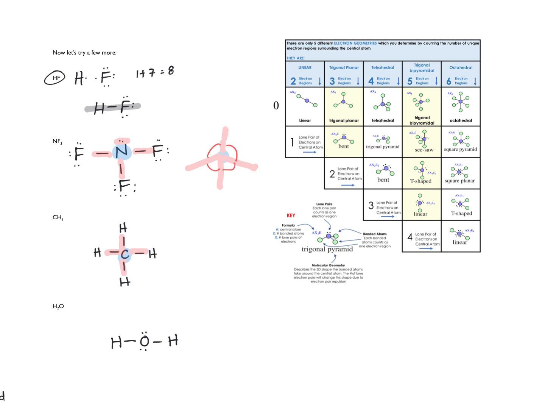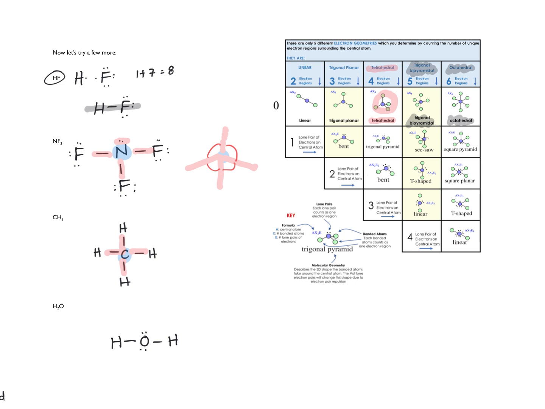And when we look at the reference materials, the only thing that has 4 bonded atoms to it and no lone pairs on the central atom is this one. Notice it's called tetrahedral, and the electron geometry is also tetrahedral. In fact, if you look at all these columns, the electron geometry matches the molecular geometry for the first row.